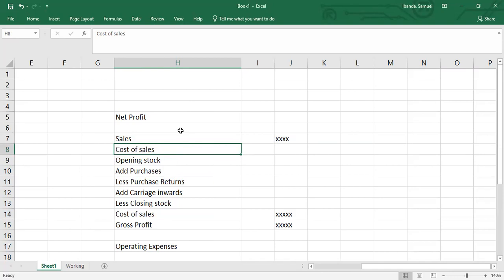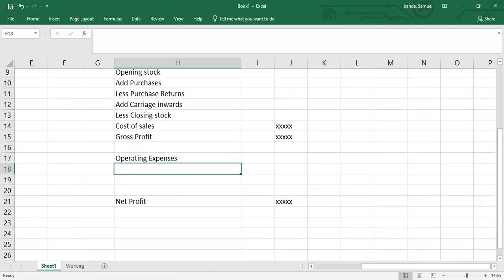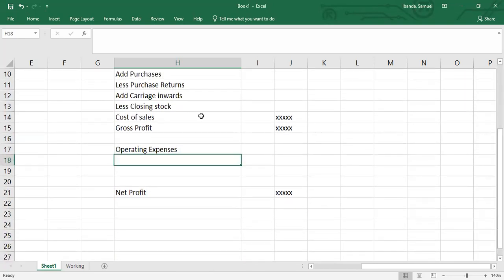Your profit will actually improve when your cost of sales goes down because of the purchase returns that negatively affect your purchases. Definitely your cost of sales will decrease, and that would mean that you have a better profit, because your profit is sales subtracted by cost of sales. And at the end of the day, even when they remove operating expenses, your net profit will still remain good.